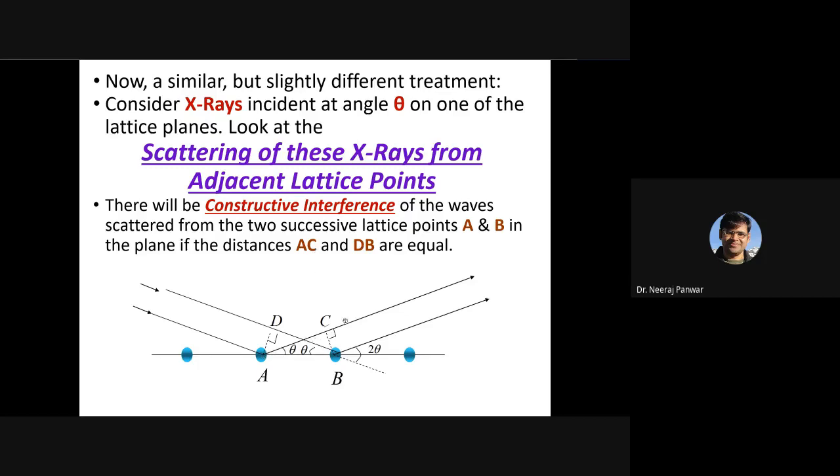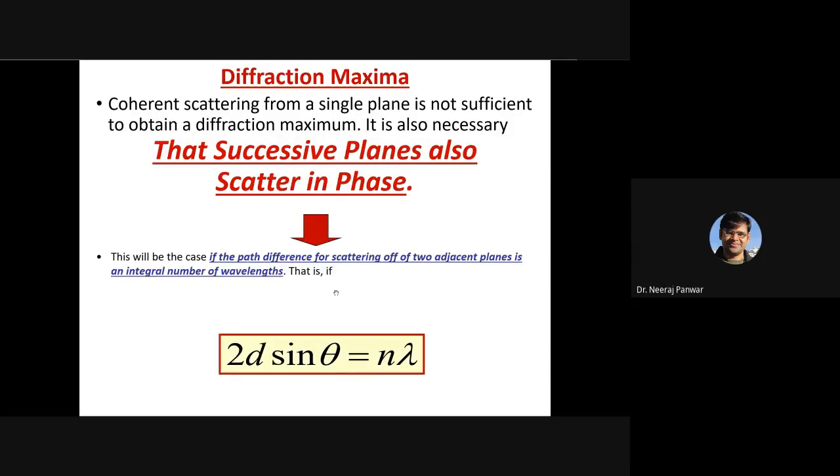So if AC and dB are equal, they will produce constructive interference. But as I have told you, only part of the incident wave is reflected. So the intensity from a single plane is very, very less. In order to observe very large intensity after constructive interference, we require diffraction from several planes.